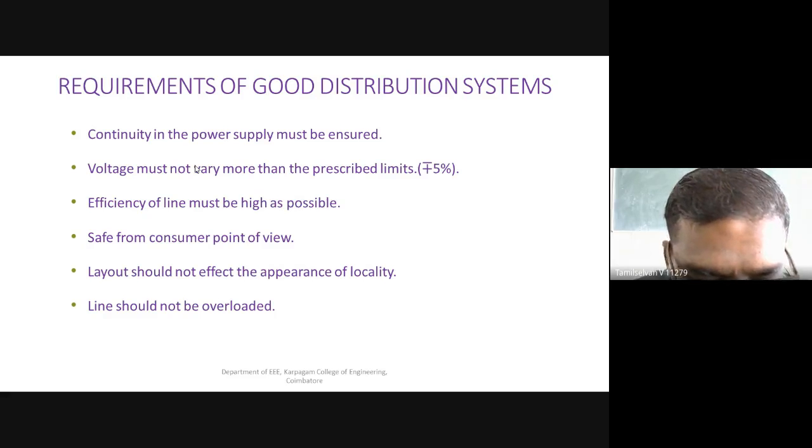And then safety: as a consumer point, we can give safety.